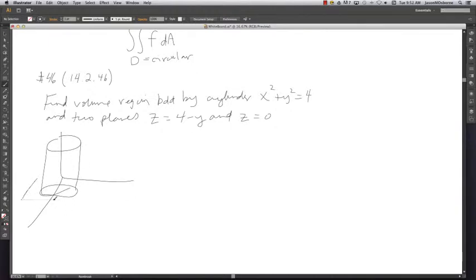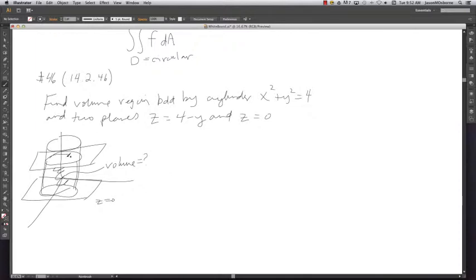Here's the z equals 0 plane, and there must be some other plane coming through, cutting this cylinder. The volume we're looking for is the volume of this region, and that's what we want to find.